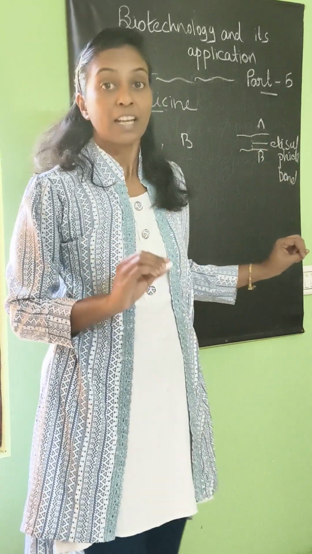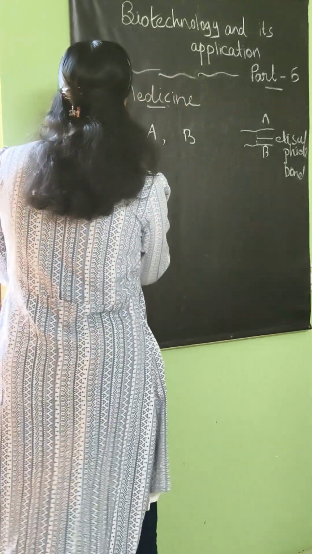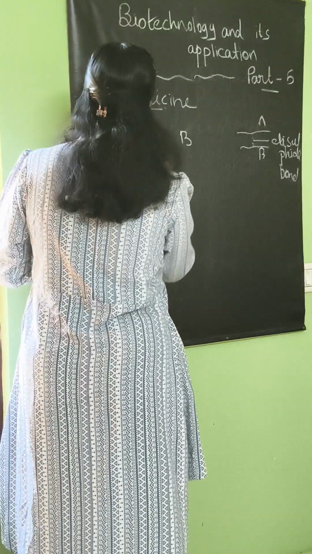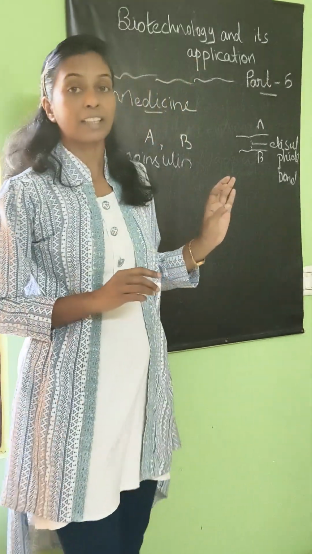But what happens when insulin is secreted in the human body? It is first produced as proinsulin. Already we have understood, like in Bacillus thuringiensis, it produces Bt toxin as a protoxin, which is inactive. Same here, the insulin is proinsulin, and it is inactive.